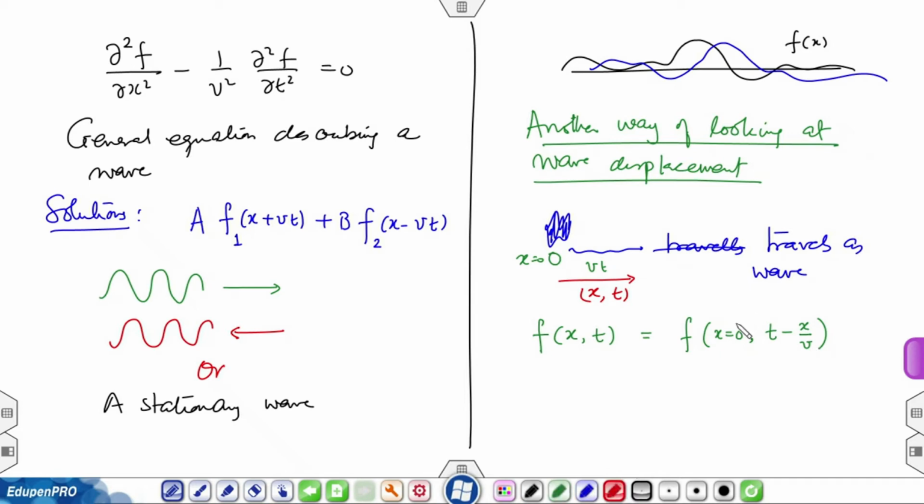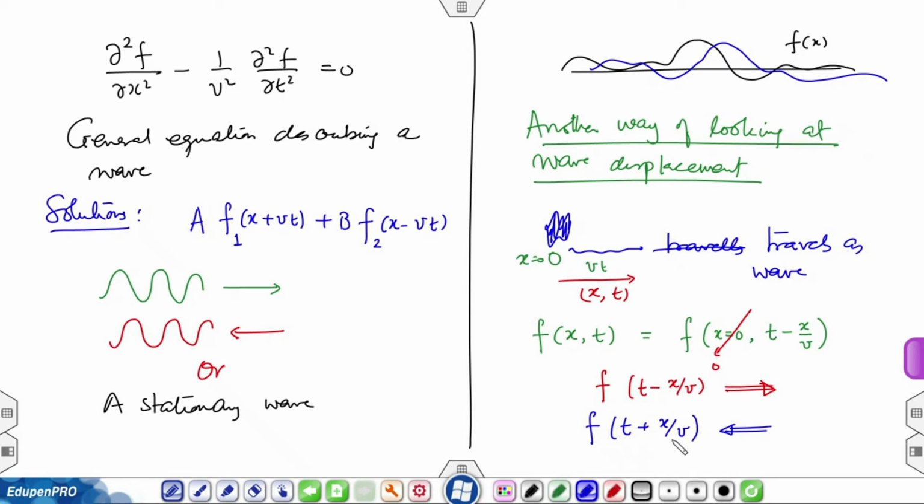Again, I am going to make this 0 irrelevant, or whatever reference point I choose, 0, 1, 2, x naught, and the traveling wave solution is therefore going to be a function of t minus x over v, and this will be moving to the right. For traveling to the left, I am going to have a solution f of t plus x over v.